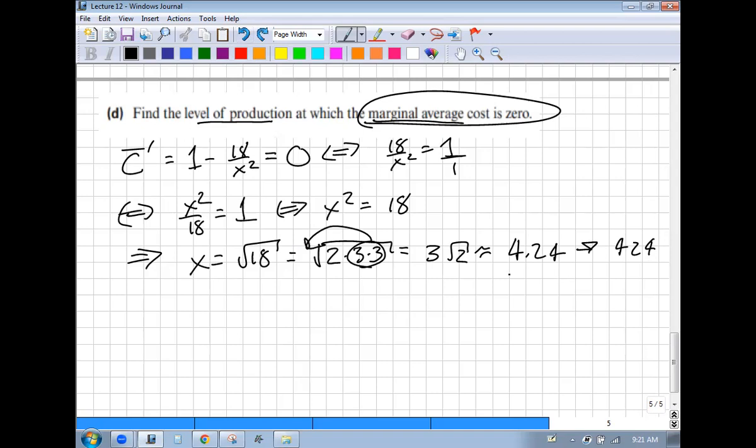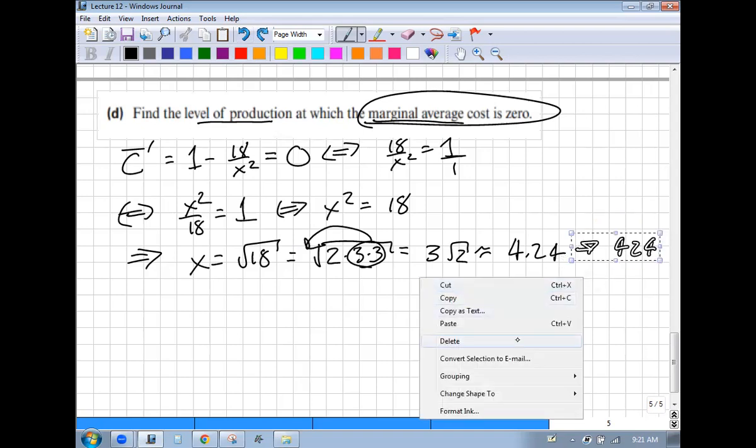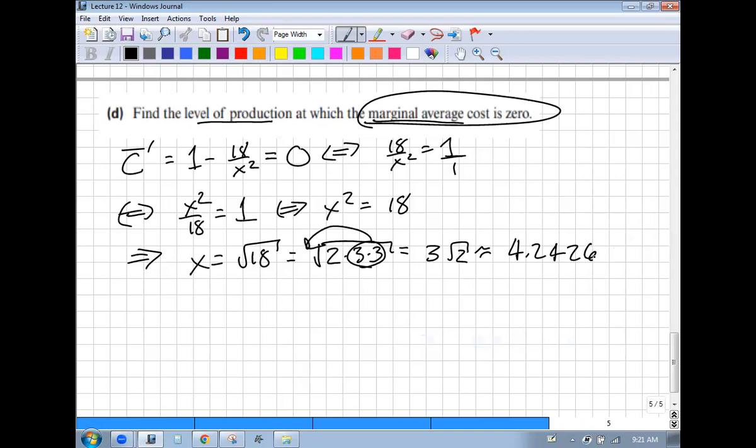And actually, this is 4.24264 dot dot dot, right? So this is really 424, or is it 425?